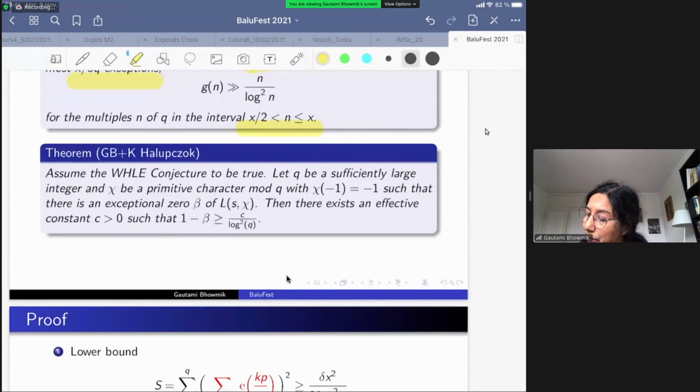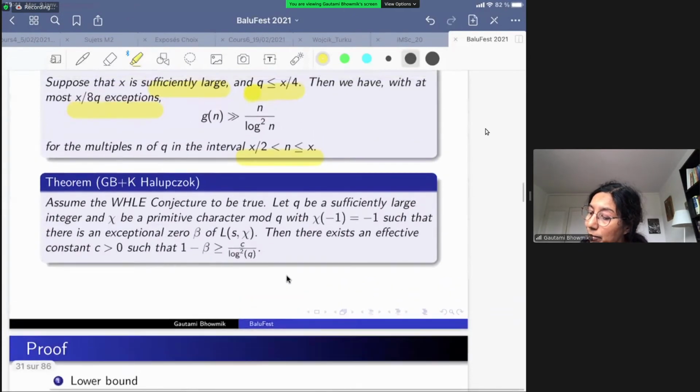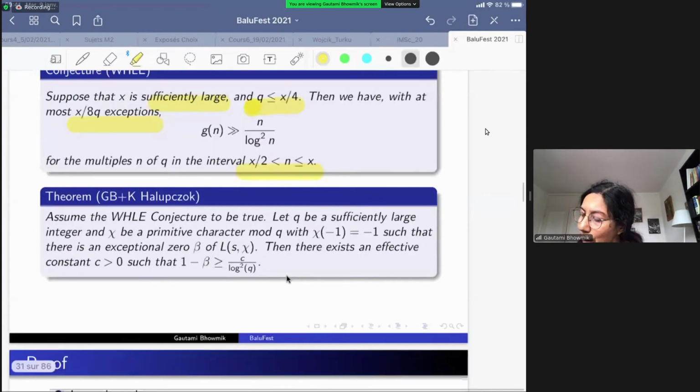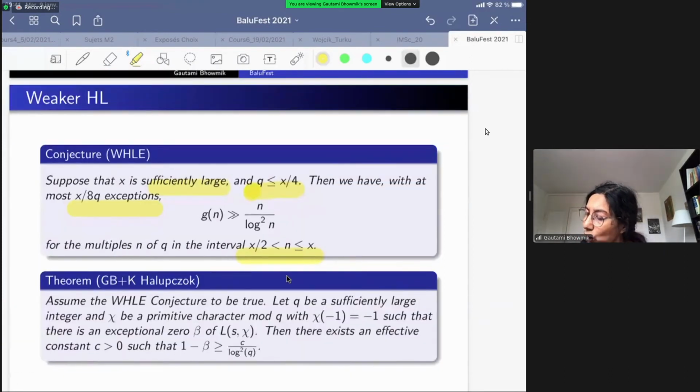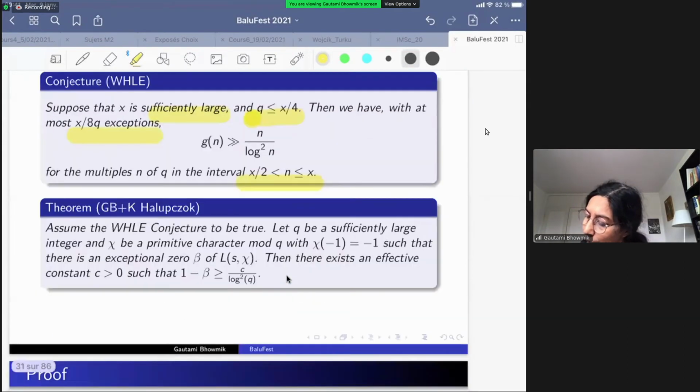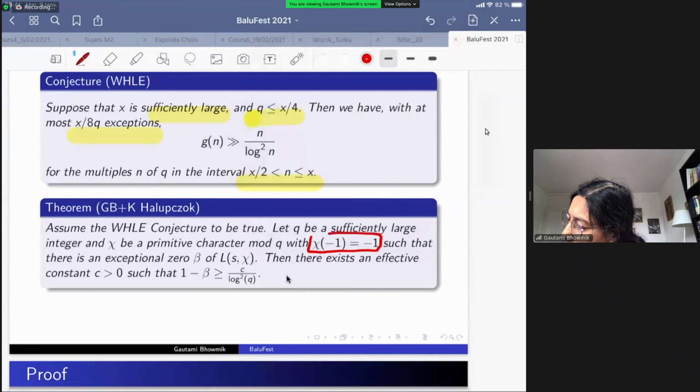But these are things we needed to be able to improve on the proof. So we assume that this conjecture is true, g of n greater than n by log square n under certain conditions. And we need a further condition that chi of minus 1 is equal to minus 1.